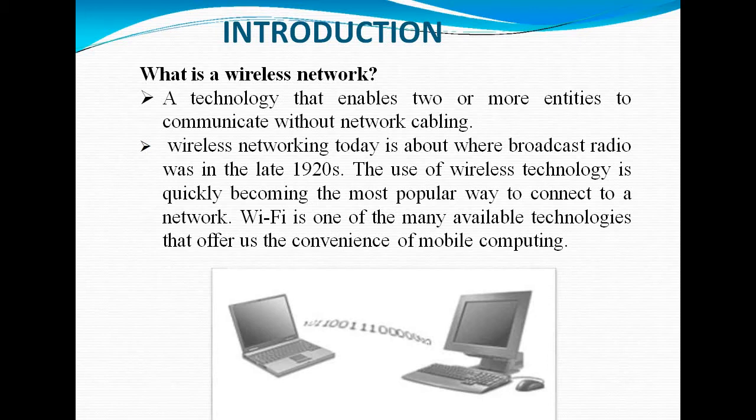Wireless networking technology today is about where broadcast radio was in the late 1920s. The use of wireless technology is quickly becoming the most popular way to connect to a network. Wi-Fi is one of the many available technologies that offers us the convenience of mobile computing.